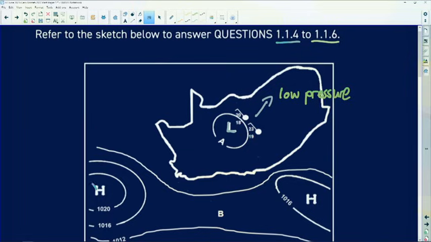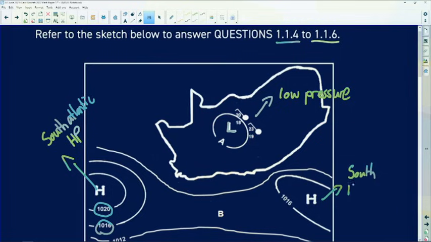Right, situated on the bottom left-hand side corner, that's the South Atlantic high pressure. We can see the isobar reading is above 1013 hectopascal. Bottom eastern side, we have the South Indian high pressure system.